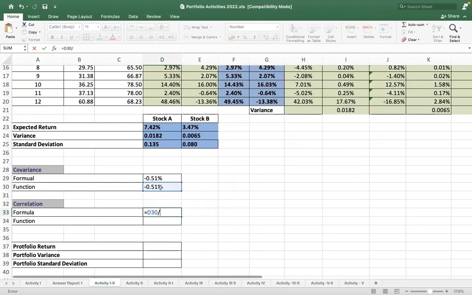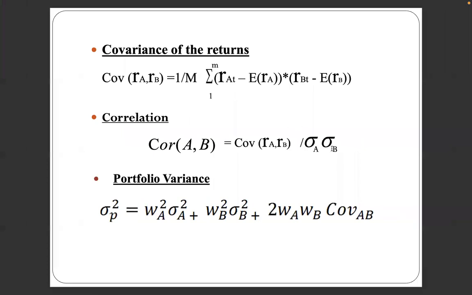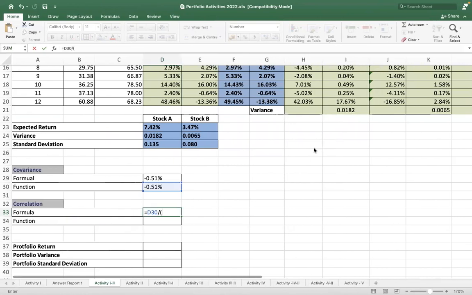Covariance divided by standard deviation of A, and sorry, what is this? Not standard deviation. Yes, sorry, this is standard deviation.